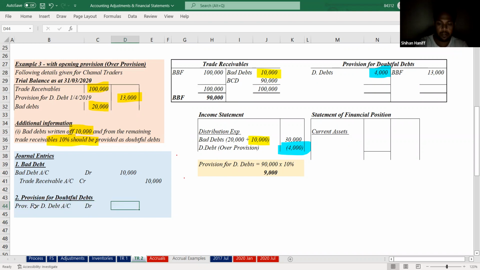$4,000. Doubtful. Okay, so this is the double entry.